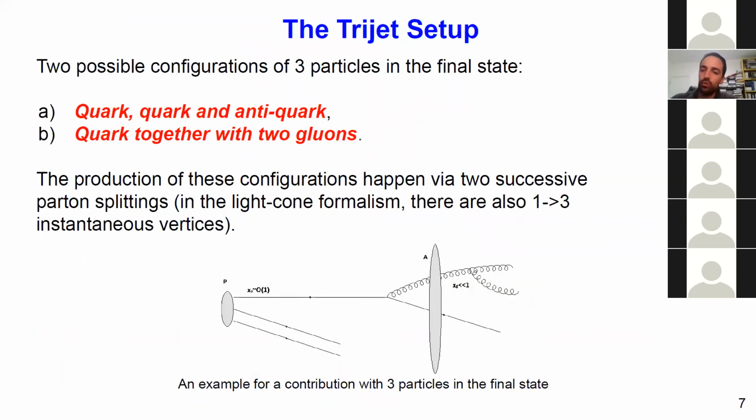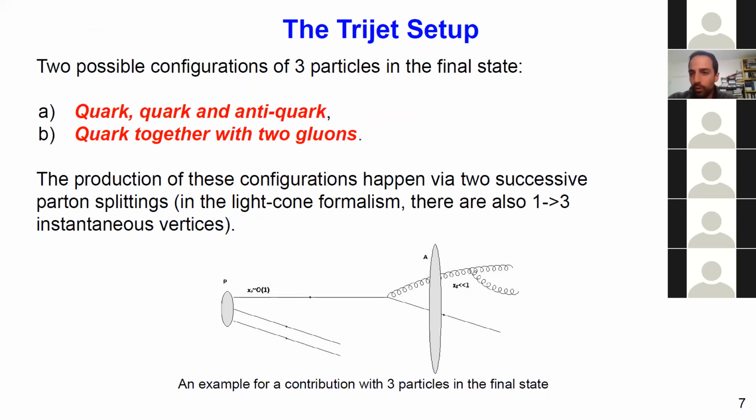Okay, so now we can look at the trijet setup. For the trijet, first of all, maybe I should give you some words on why this is interesting. This was actually the matter of the first paper which I published with Edmond, and our interest was to compute the NLO dijet production.